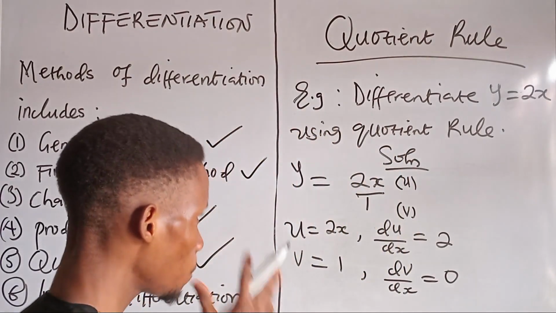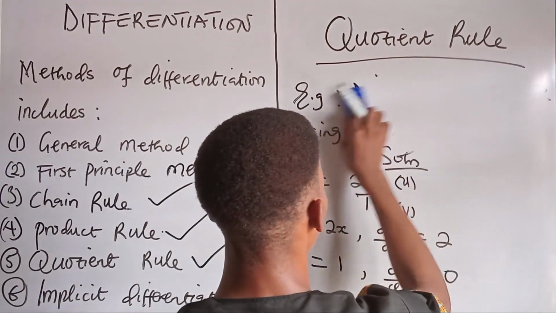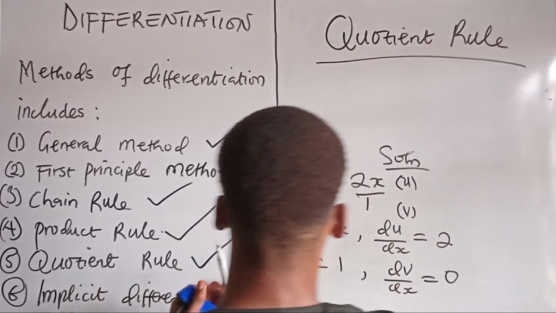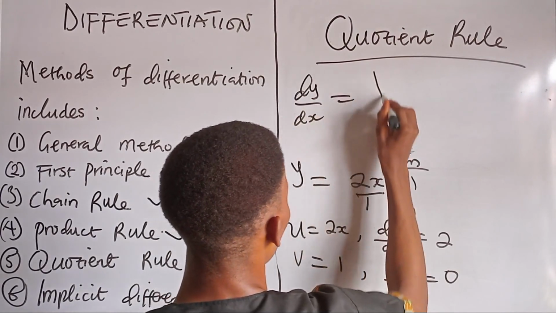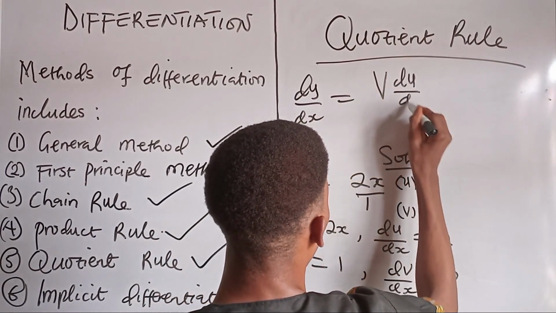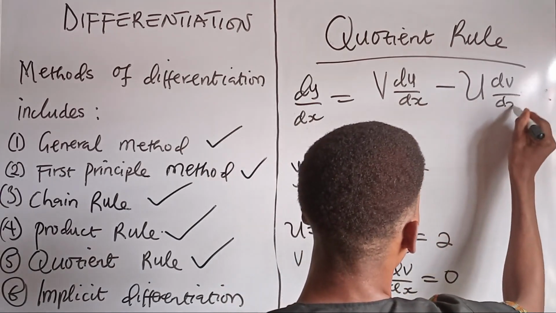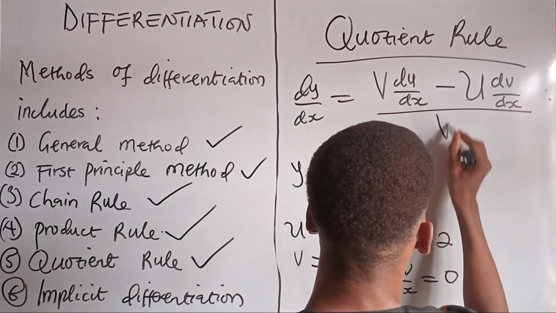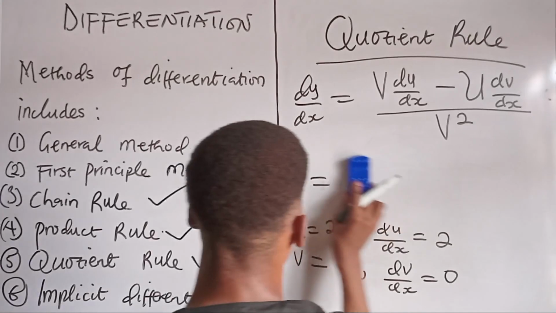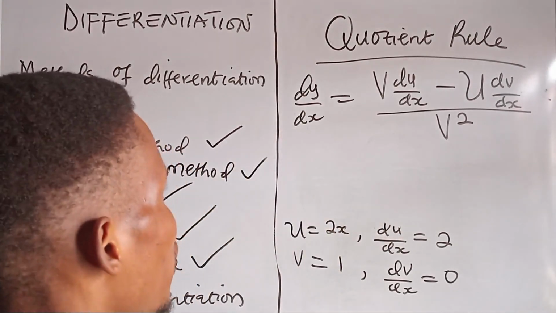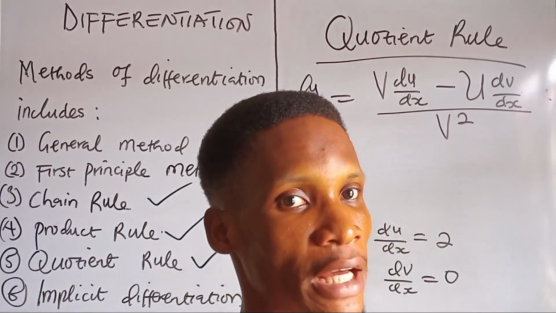Then we need to apply the formula, which says dy over dx equals v du over dx minus u dv over dx, all divided by v squared. So it's now left for us to substitute the values of u, v, du over dx, and dv over dx.